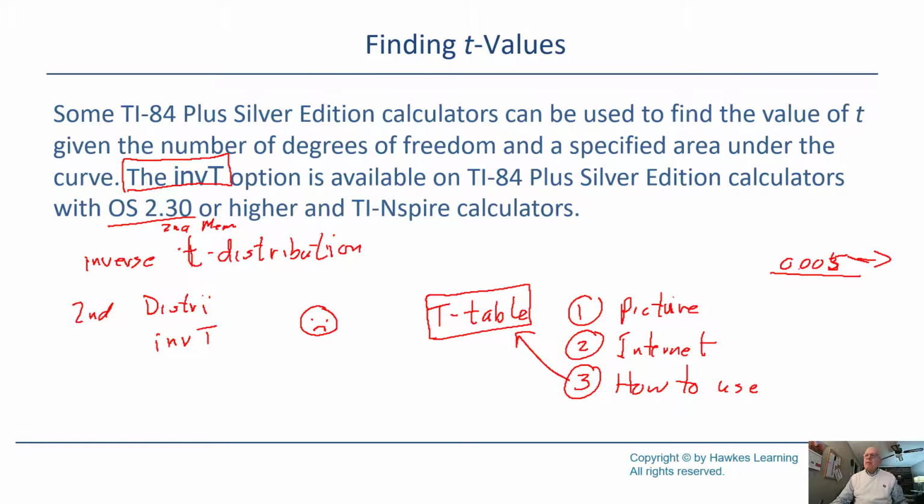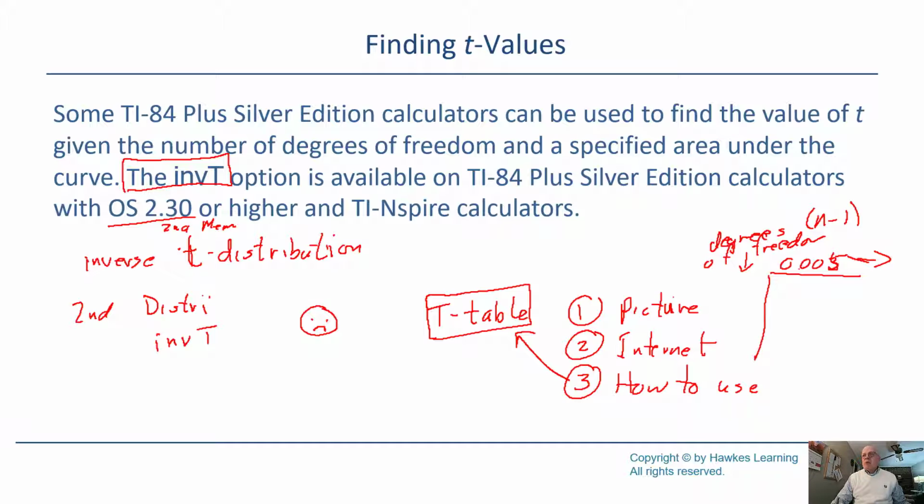And down the column, you'll have something called degrees of freedom. By this point, you probably know that degrees of freedom is just n minus 1, one less than your sample size, and you'll be in business.